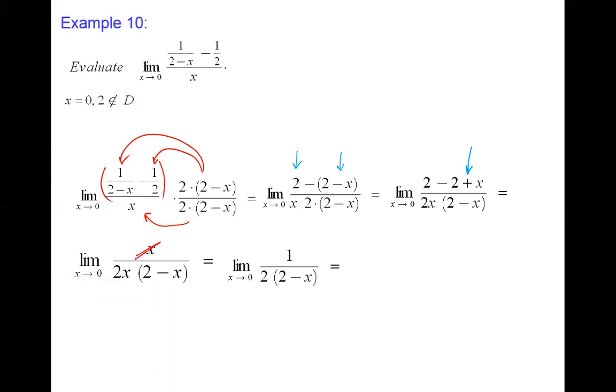That's what we were looking for. x is gone. Now I can substitute 0 instead of x, 2 times 2 for 1/4. What you can also do is take this and find a common denominator, and then dividing by x means multiplying by 1 over x. You can do it this way, but you will end up with the same fraction.